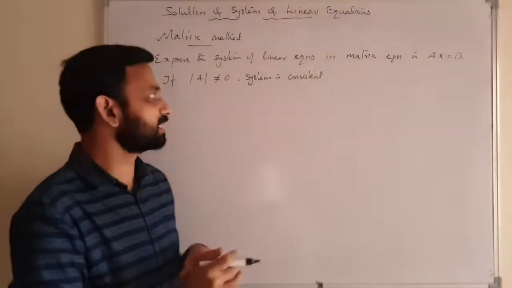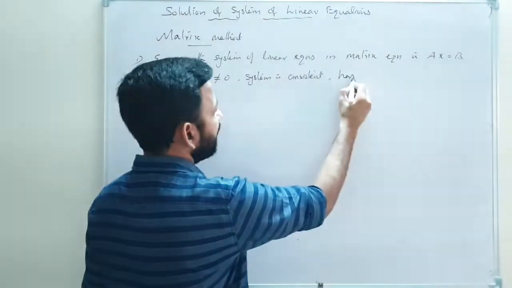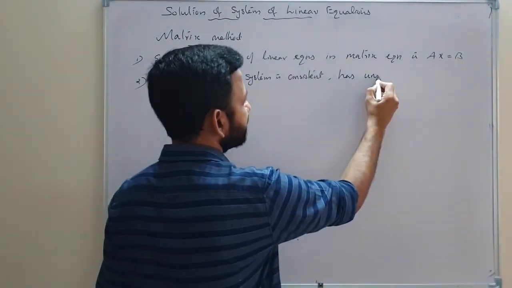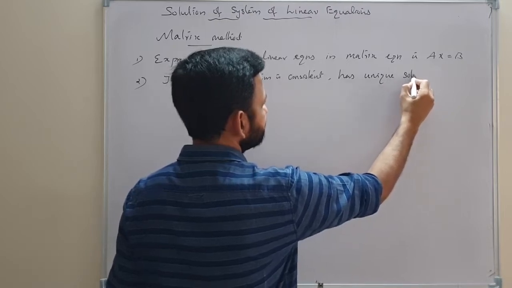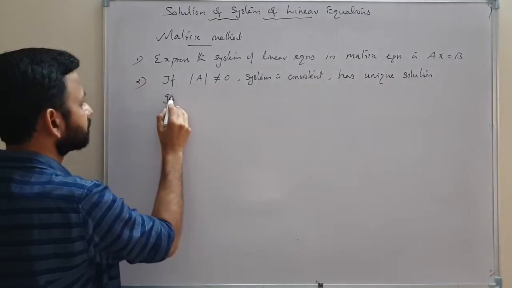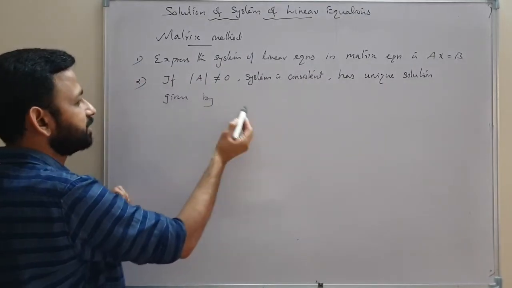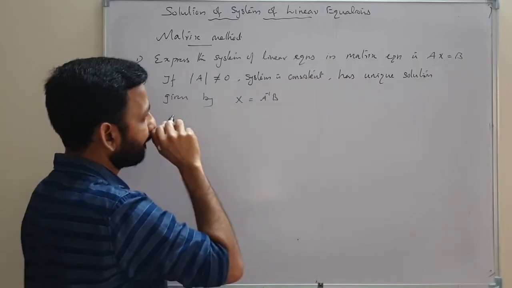The system is consistent and has a unique solution given by X is equal to A inverse into B.